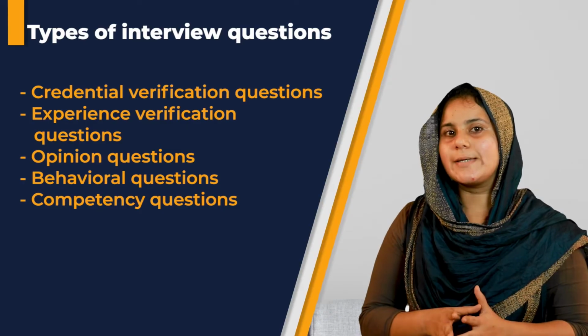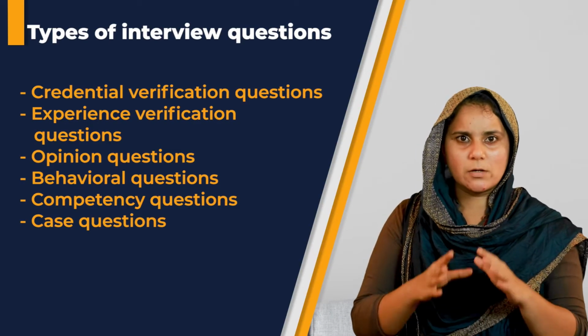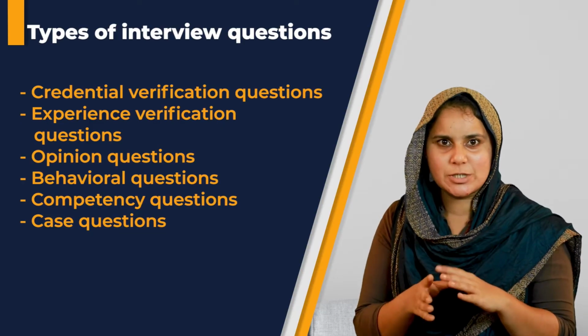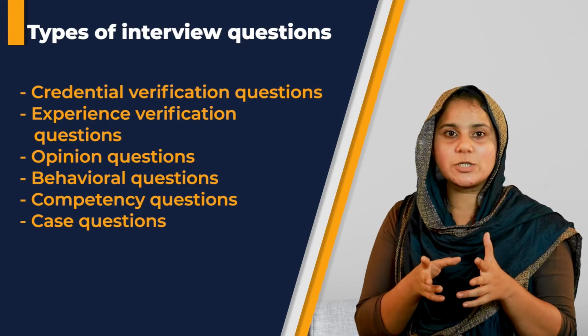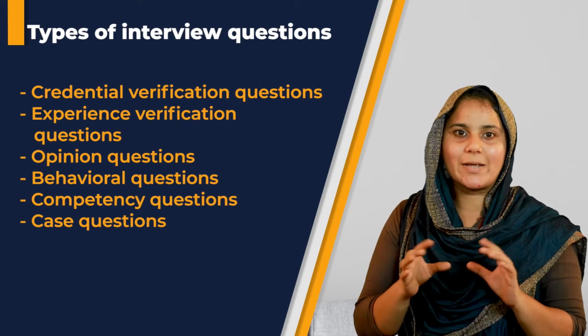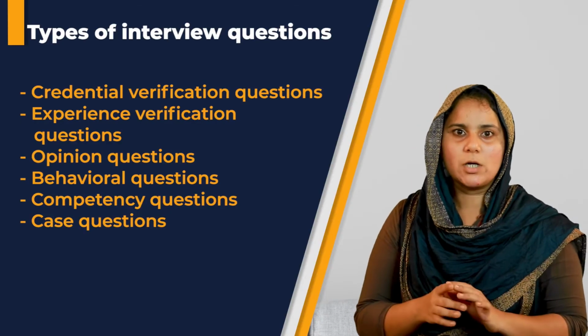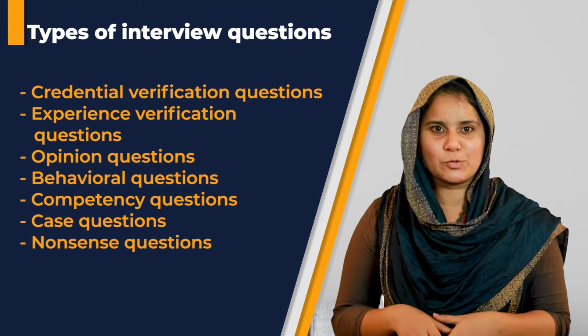The next one is case questions. This type of question includes problem solving questions ranging from how many gas stations are there in Europe to what is your estimate for the global online retail market for books. The purpose is to evaluate your problem solving abilities and how you would analyze and work through potential case situations. The next one is nonsense questions.